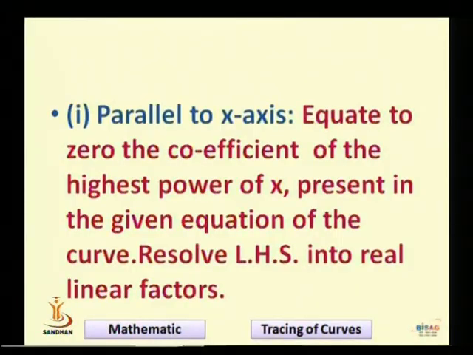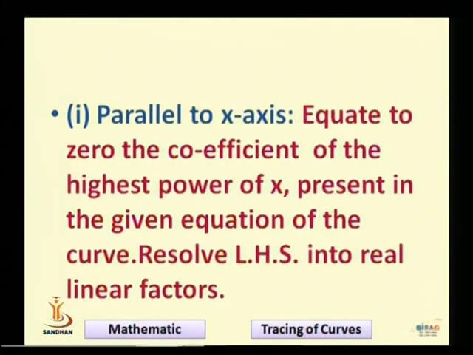There are some methods to find the asymptotes parallel to the coordinate axes and the oblique asymptotes. To find the asymptote parallel to the x-axis, equate to 0 the coefficient of the highest power of x present in the given equation and find the linear factors.